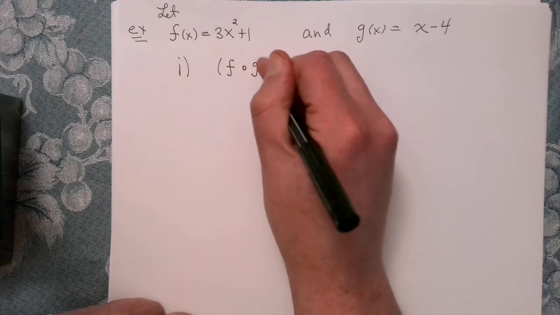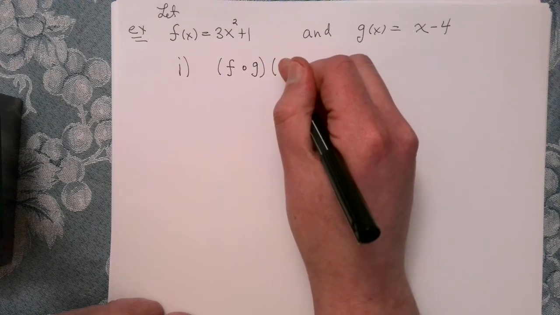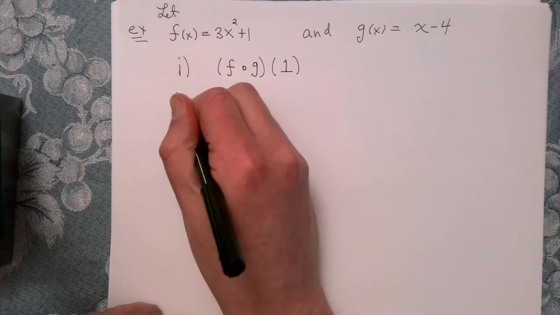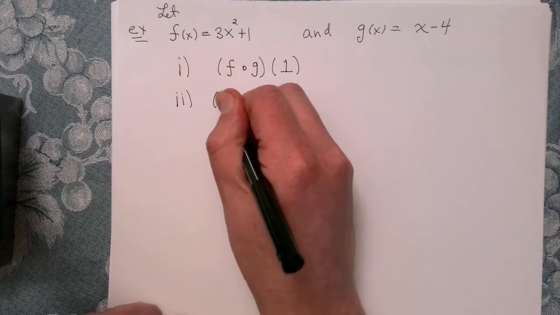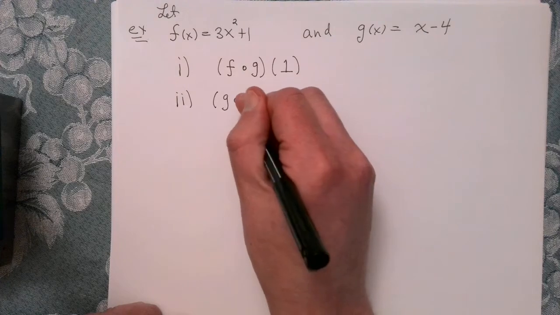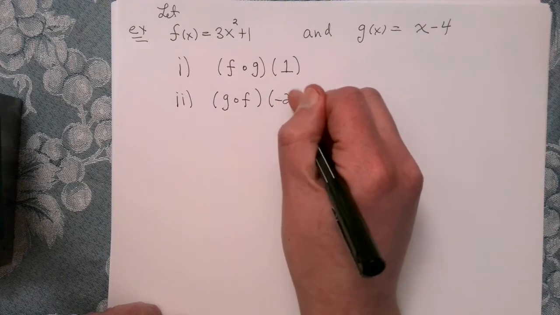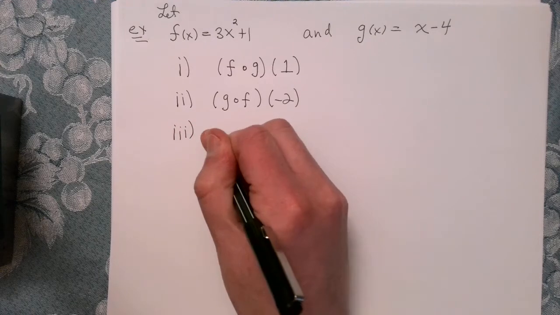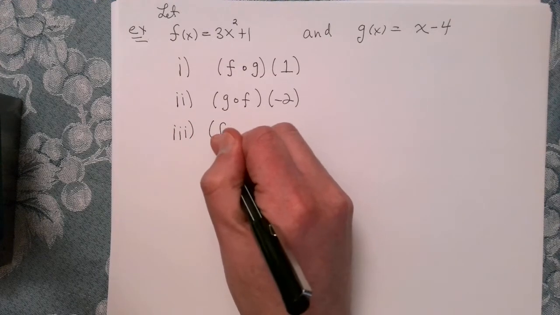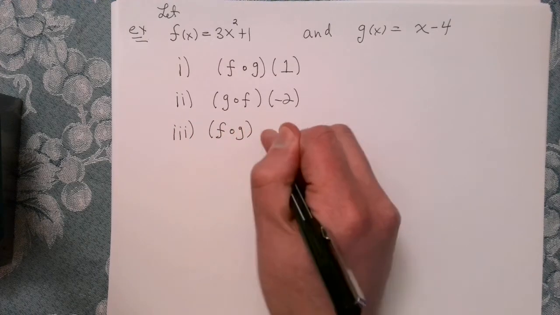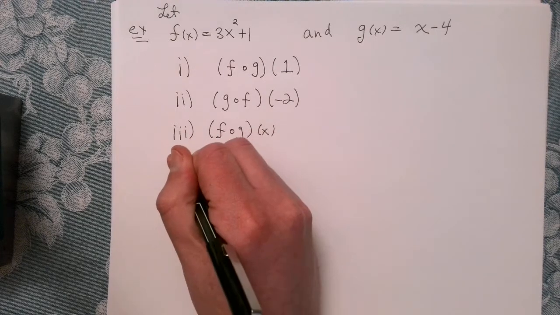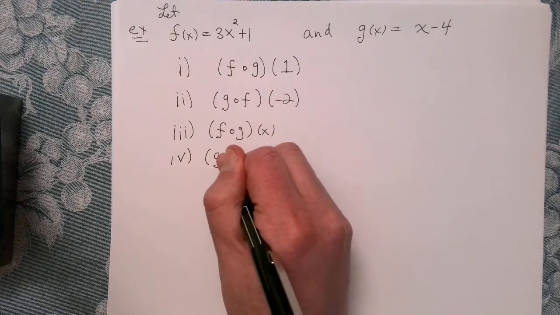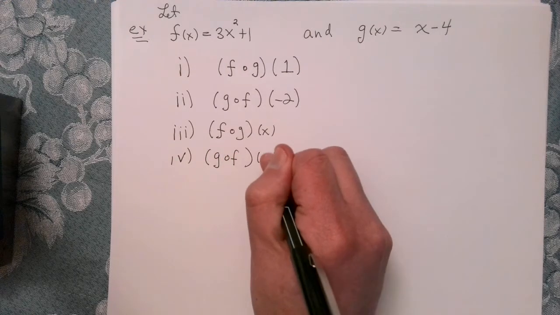So we want the composition map f after g at, let's say, 1. And then let's say we want this composition map, g after f, at minus 2. And then let's find general functions for both composition maps. So f after g of x, and then the composition map g after f of x.